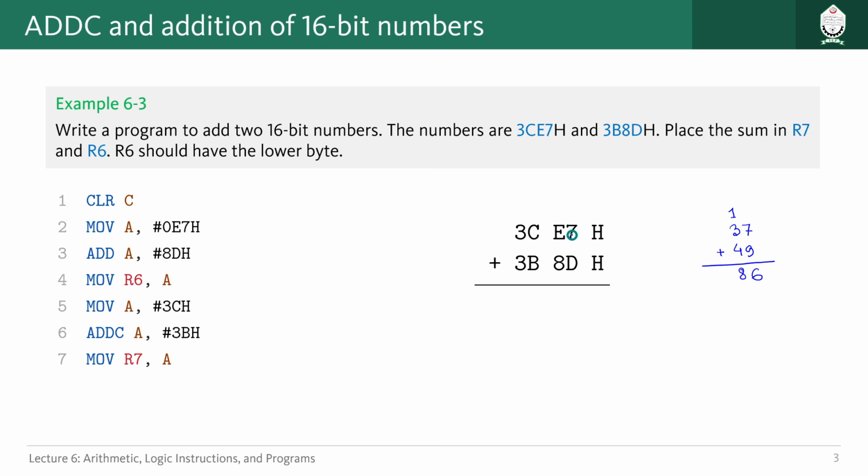So here if I add these two values, D is equal to what? In terms of decimal, A is 10, B is 11, C is 12, D is 13, right? So 13 plus 7 should be equal to 20, right? So here if I add these two values I will get 20.